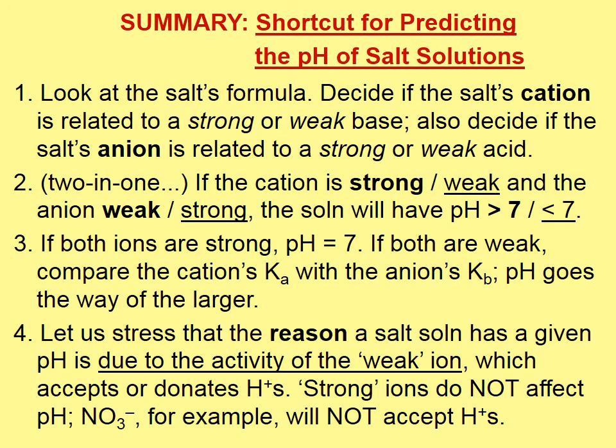Strong ions do not affect pH. The nitrate ion, for example, will not accept protons. So, the reason that a salt solution has a certain pH, ironically, is due not to what I've called the strong ions, but to the effect of the weak ions.